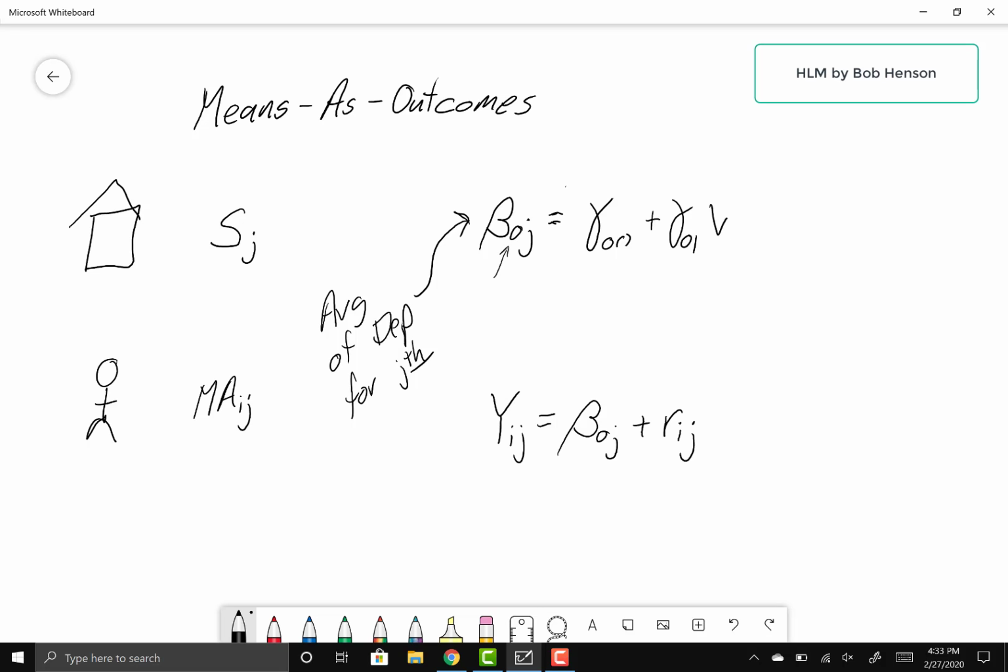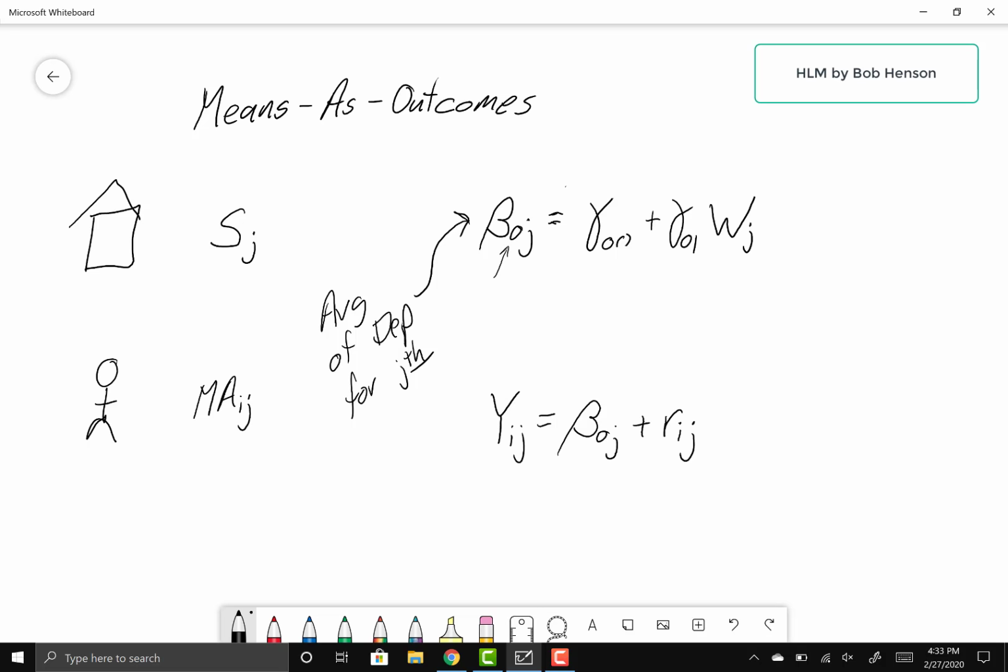Using the notation from Raudenbush and Bryk, I will use a W for all level 2 variables. There's only a j subscript because we're now at the school level. In this case, that W sub j would indicate sector, a dummy variable of whether the school is public versus private. But W could also be any other covariate like school size or anything along those lines.